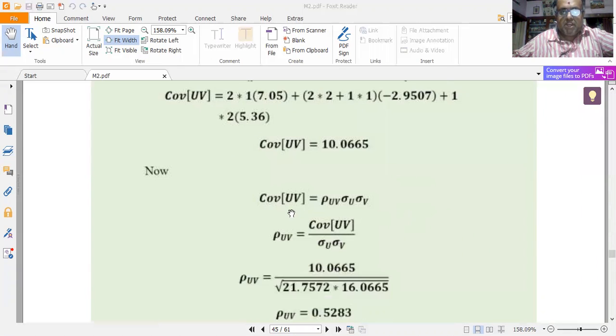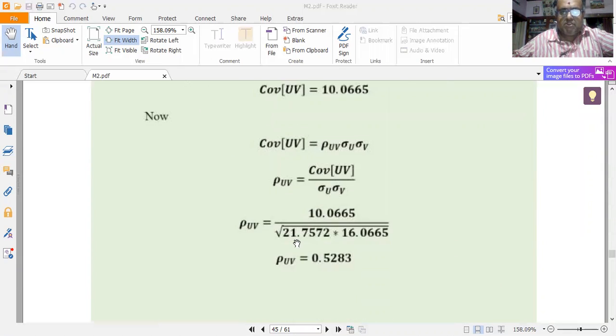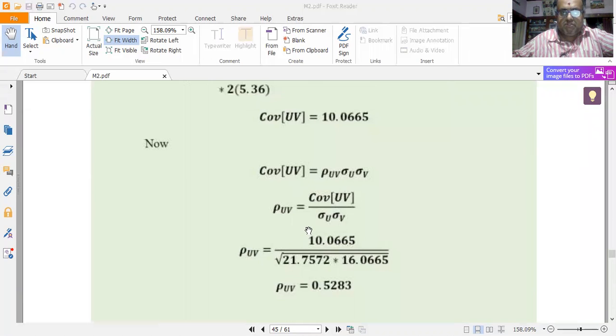Next, find the correlation coefficient of uv. The correlation coefficient of uv is given by covariance of uv divided by sigma u into sigma v, where sigma u and sigma v are the standard deviations of the new transformed random variables u and v respectively.